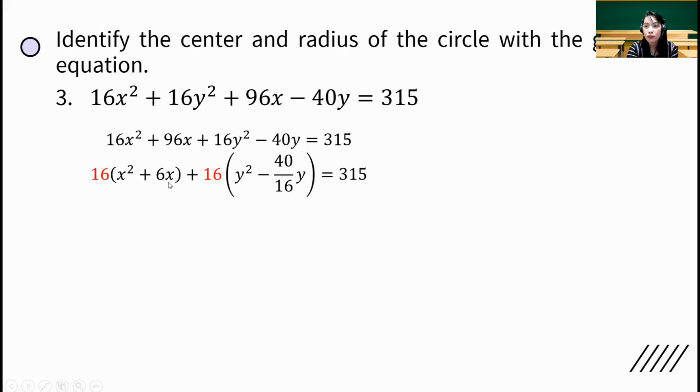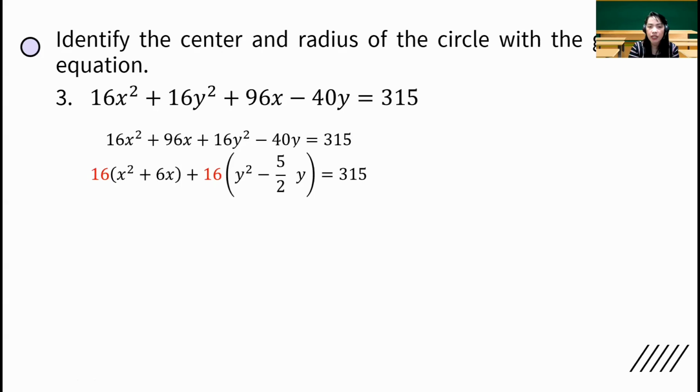If you want to go back to its original form, just multiply 16 to each of the term. Sa y naman, so 16 times y squared minus 40 over 16y equals 315. 40 over 16 can be simplified, so that would be 5 over 2.